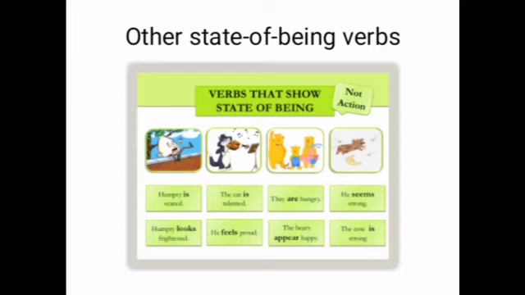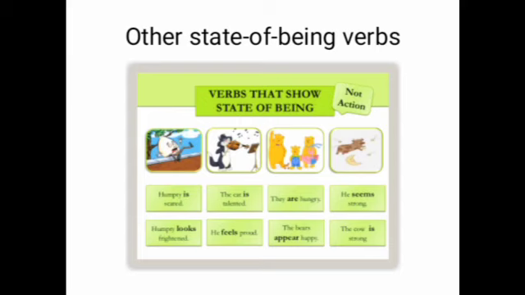The next one: the bears appear happy. Appear is a state, the state of the bears. Then you have, the cow is strong. Is is a state of being. So that's about state of being verbs.